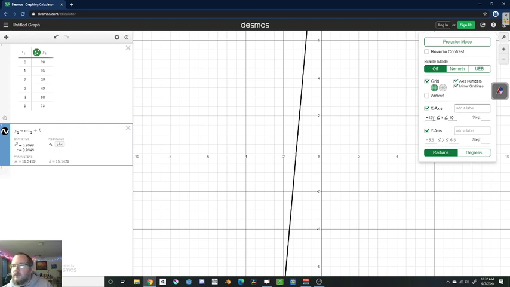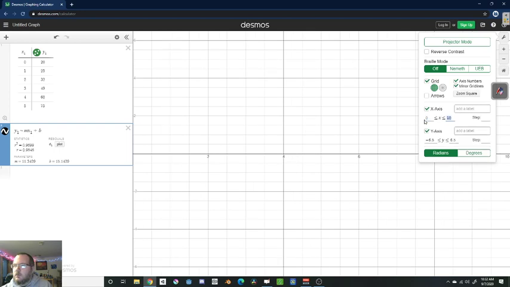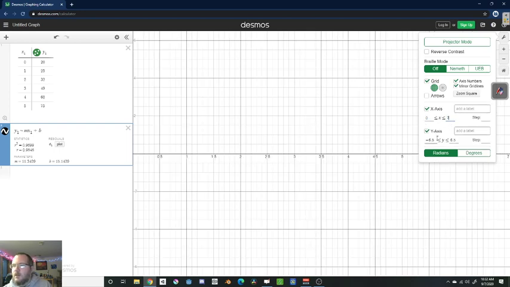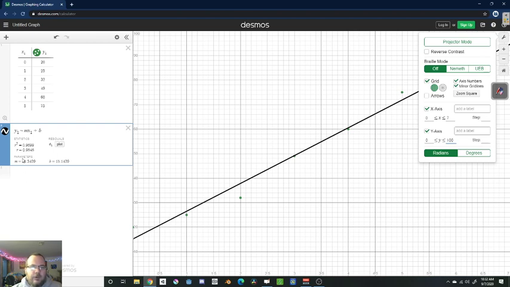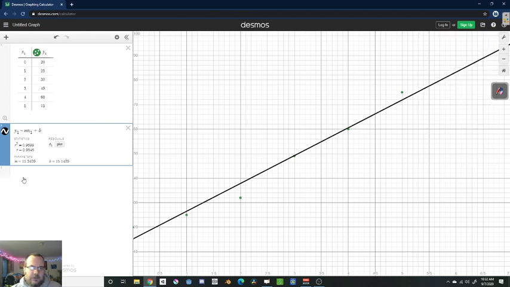So my x values need to go between 0 and, and my y values need to go between 0 and let's do 100. There we go. Now the r-squared value here is 0.9699, and that is roughly a percentage of how closely it matches the graph. It means something quite a little bit more than that, but we're going to call it that.